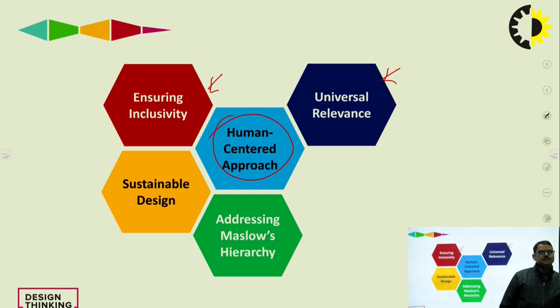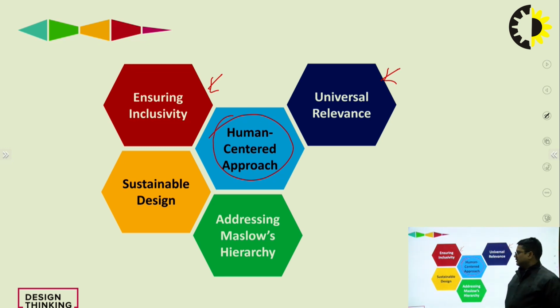Here, inclusivity means there are so many users across the world. All are different. All are working differently. All are thinking differently. So while we are focusing on design thinking, focusing on the basic human needs, we believe that basic human needs are almost the same for every human being.